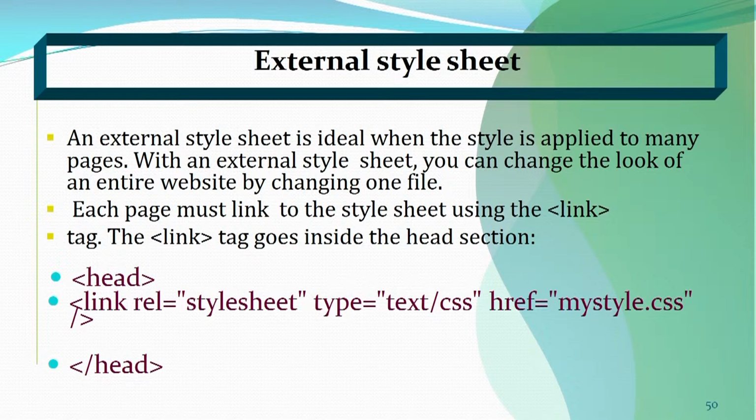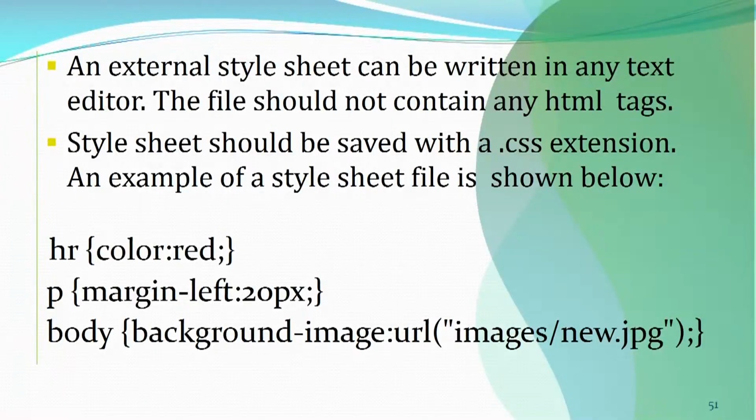In the head tag we have to link the style sheet, giving the reference of the style sheet, and in href we define the name of the file. We will use this entire syntax for link, and that styling file.css will be added to our page. An external style sheet can be written in any text editor.